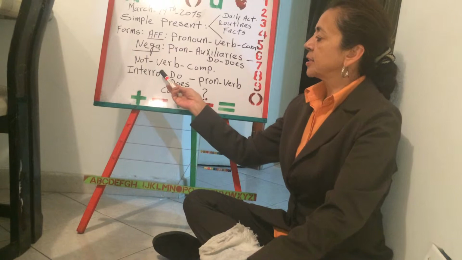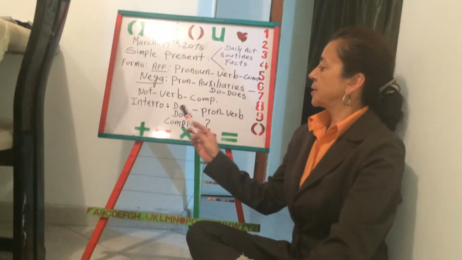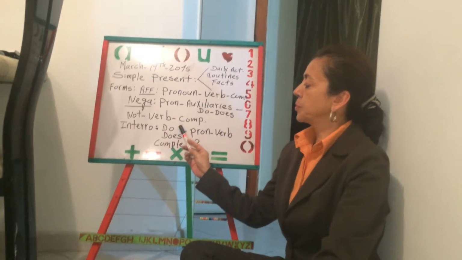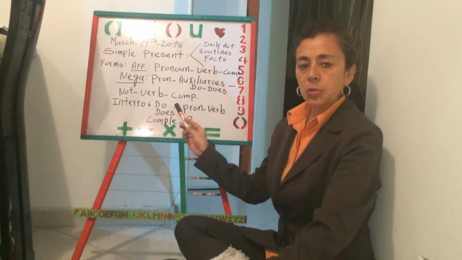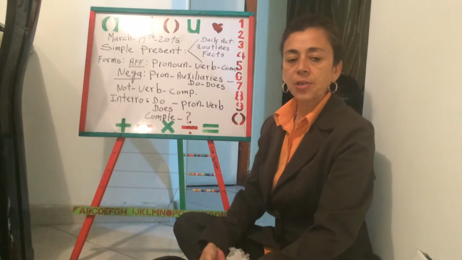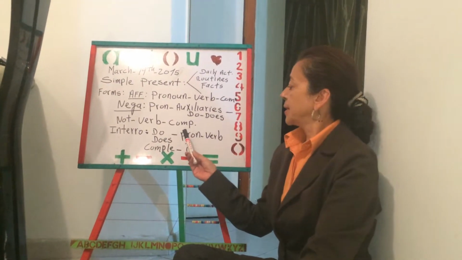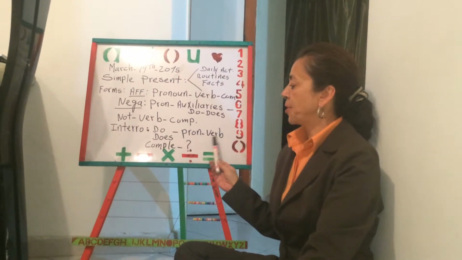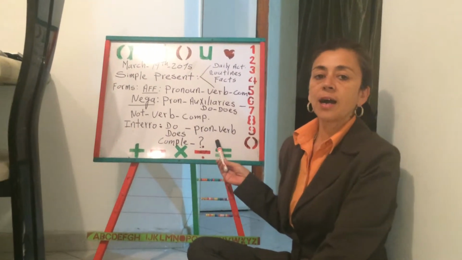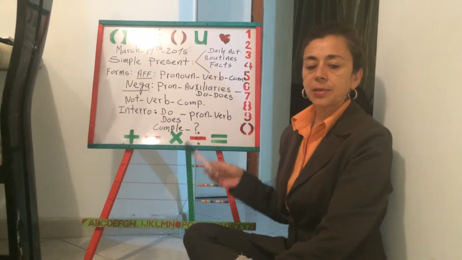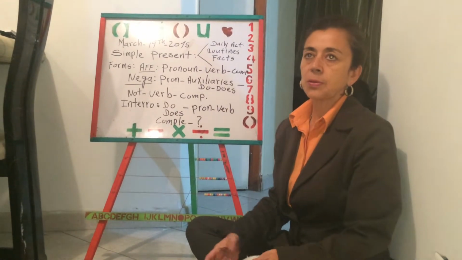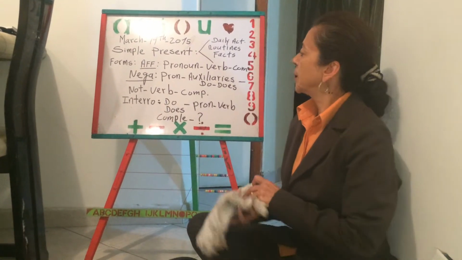For the interrogative sentence, we have to use the auxiliary do or does, depending on the pronoun, the verb, the complement, and do not forget the question mark.